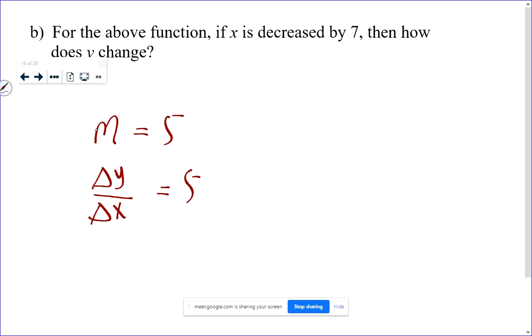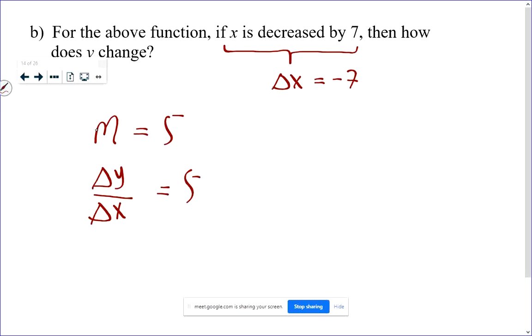They end up drawing a graph and counting squares and doing all kinds of things. Whereas when you say x is decreased by 7, you're telling me delta x is negative 7. Delta means change. So the change in x is negative 7 because it changes by 7 and it decreases.